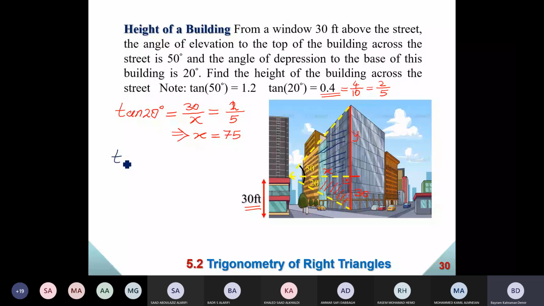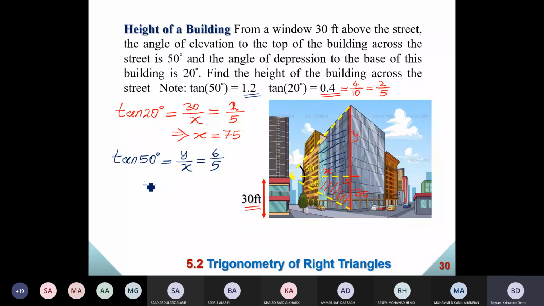Right, tangent of 50 degrees equals y over x. Y over x equals what? Tangent 50 is again given as 1.2, right? 1.2, that means 12/10 or 6/5, Shabab, 6/5.